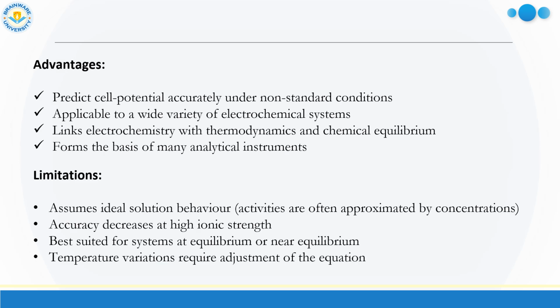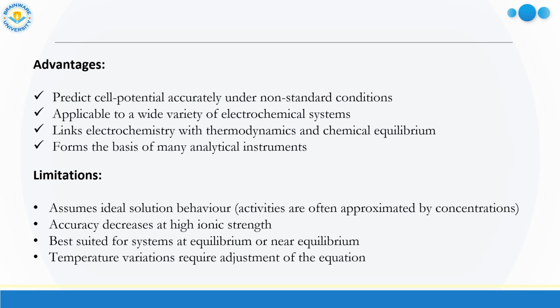So, what are the advantages of this Nernst equation? The first one is that we can predict the cell potential accurately under non-standard conditions. What is this non-standard condition? It means that we can calculate the cell potential of any cell reaction or any half cell reaction at any temperature or any concentration of the reactant or product.